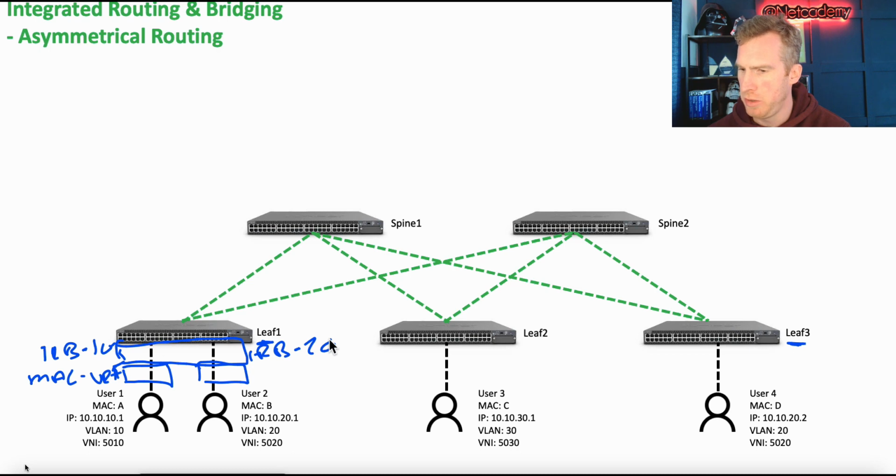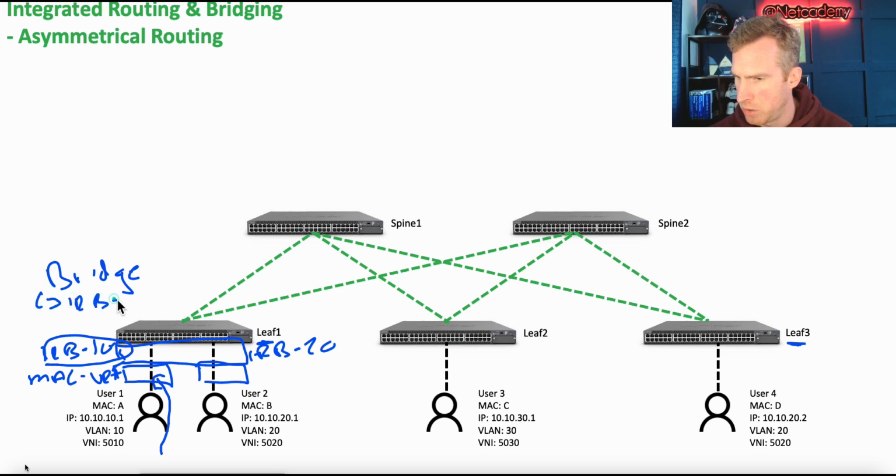So as user 1's traffic comes into the MAC-VRF, leaf 1's MAC-VRF is going to bridge that traffic onto the IRB interface, so it's going to bridge it over to IRB.10. And at this point, it's then going to do a route lookup.